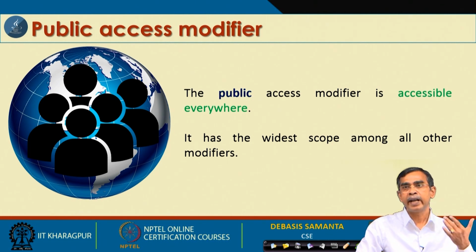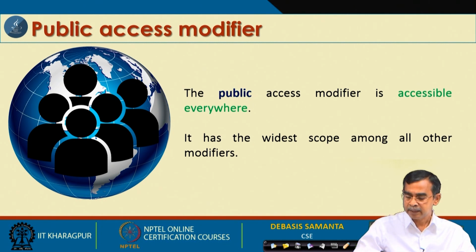Next, after public comes protected, then default, then private. As you know, private is a stricter access specification compared to public. Public is the weakest access specification in this range. You can consider the table that I have already discussed, and follow that table.